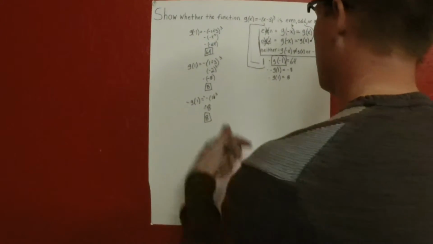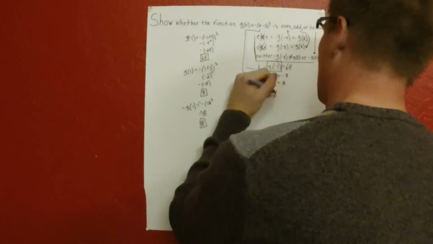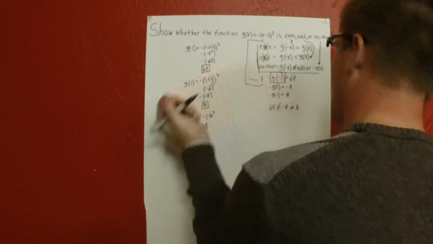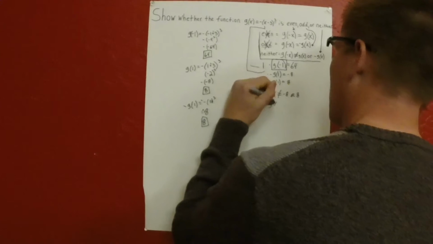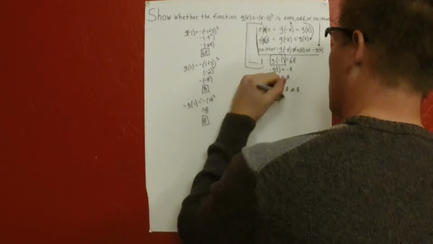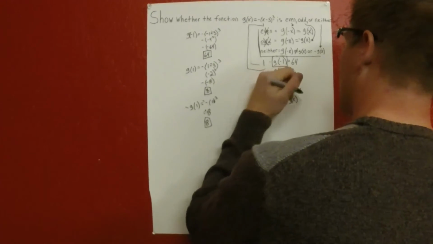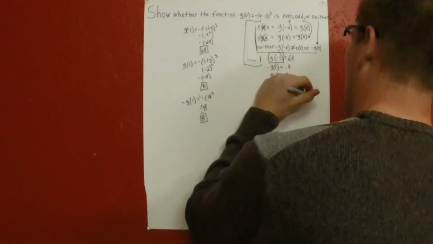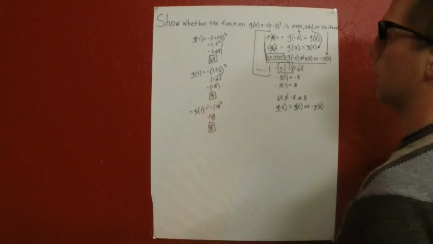So what we do have is 64 does not equal negative 8 or 8, which is the same thing as writing g of negative x doesn't equal g of x or negative g of x, which is right here, and that is why the problem is neither.